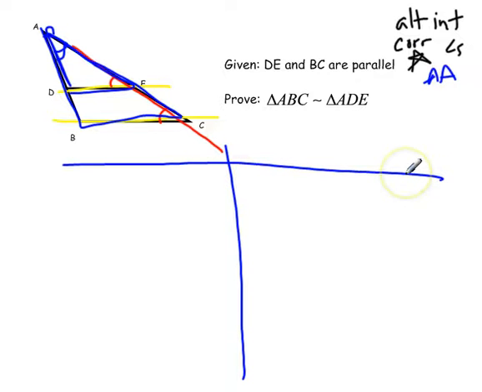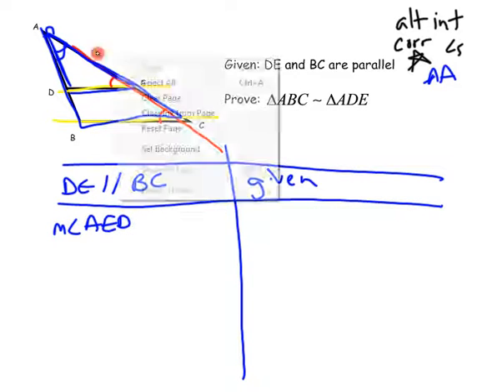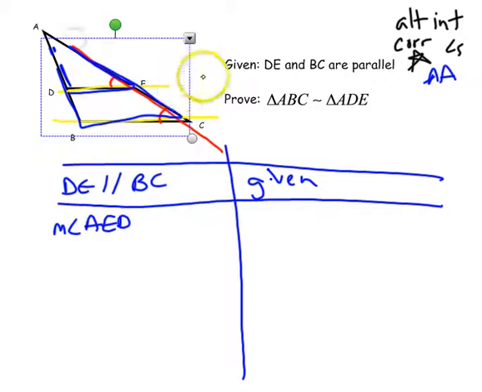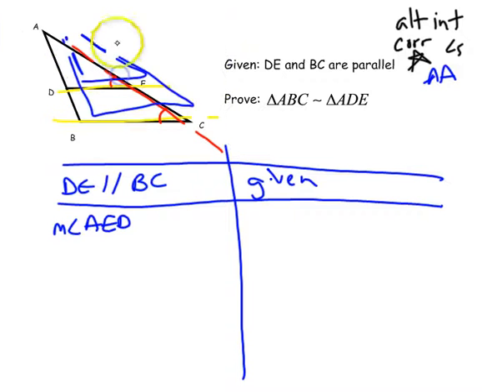Let's draw our table, and we want to start out with the given. DE is parallel to BC. That's what we're given. Then we said because they're parallel, the measure of angle AED, let's erase some of this coloring so we can see.